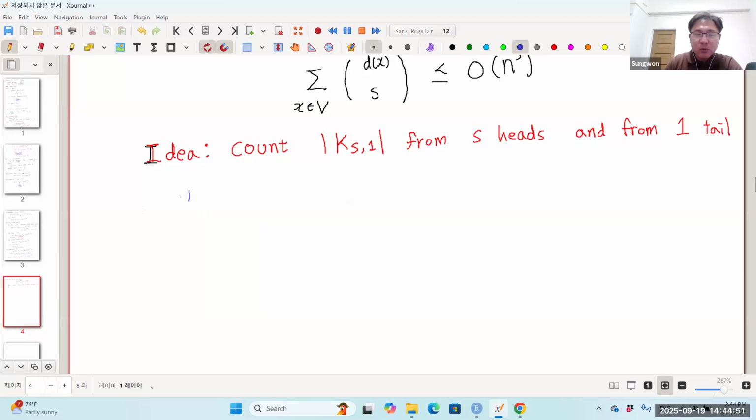So the first one, the number of K_S,1 from the S head, is less than or equal to the following.